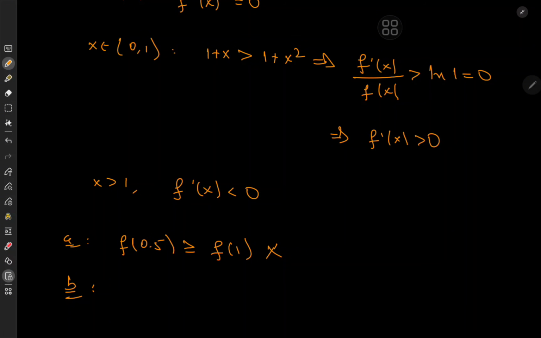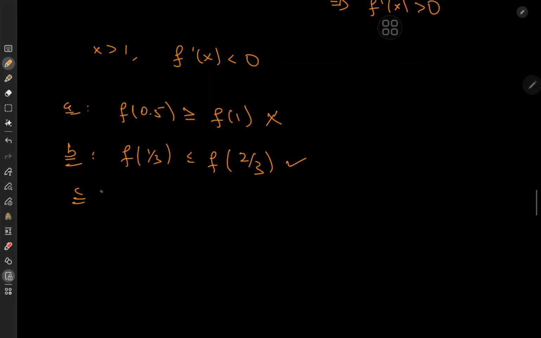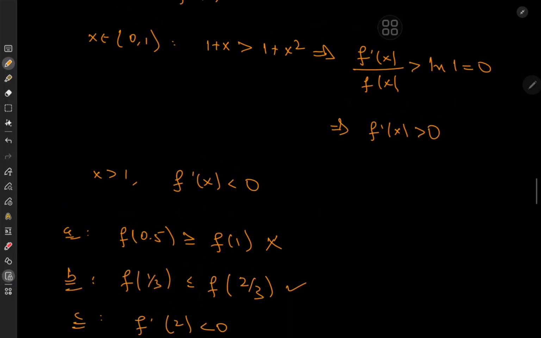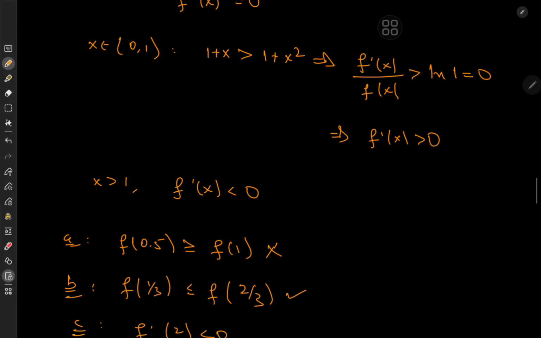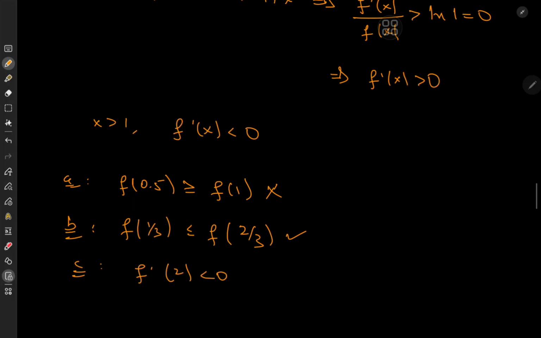For B, we have f of 1/3 being less than or equal to f of 2/3. So yeah, this is perfectly fine. Nothing wrong with that. Part C is f prime of 2 is going to be less than 0, and we did see that, right? I mean, x is greater than 1 means the derivative is negative, so that's another correct option.